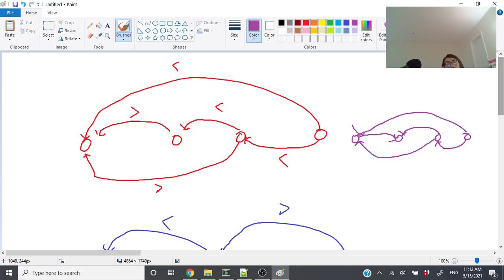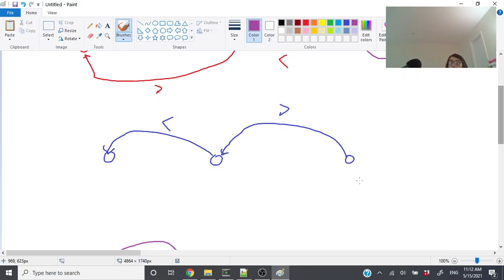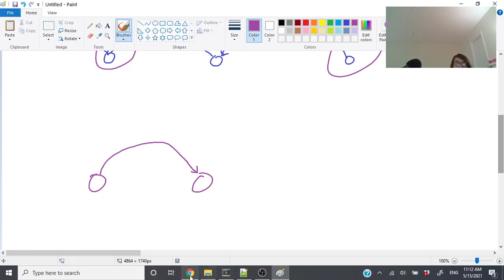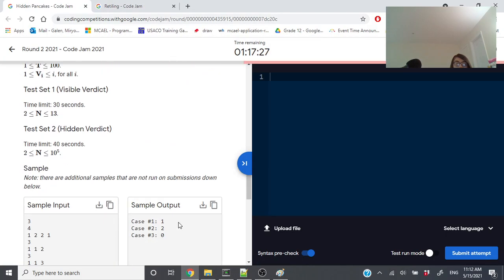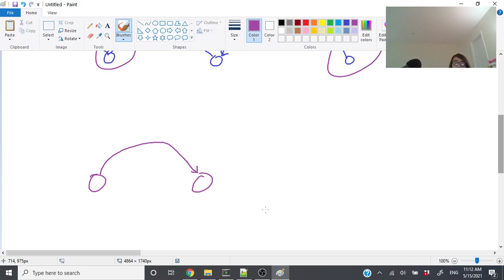This is the graph we have. So here, like, these two are sort of just together. We don't really care about those. They can be anything in relation to each other. In the third case also.